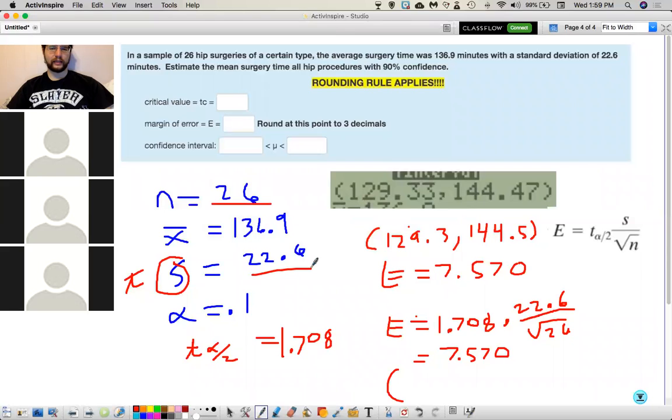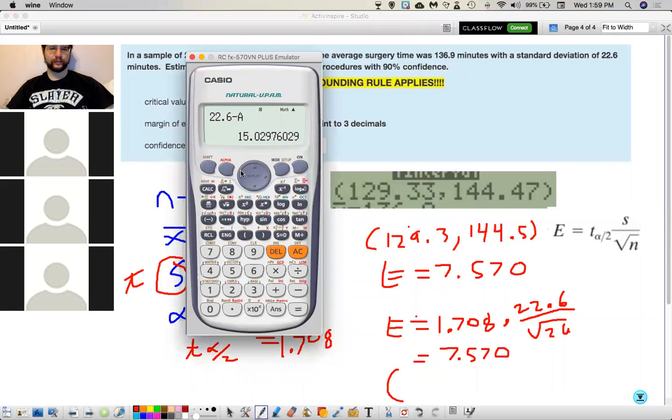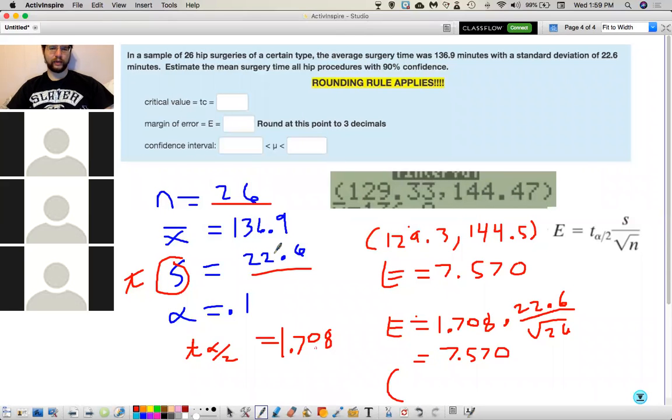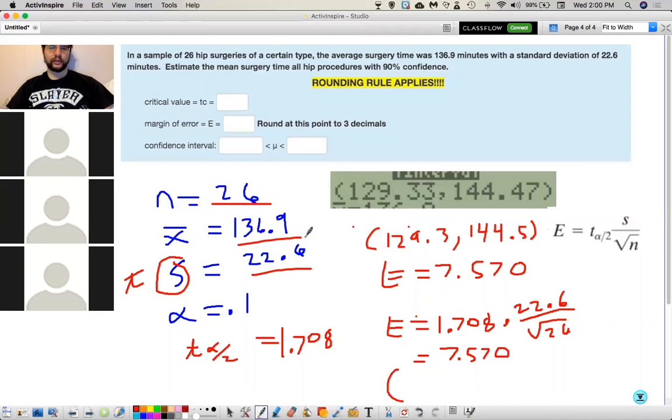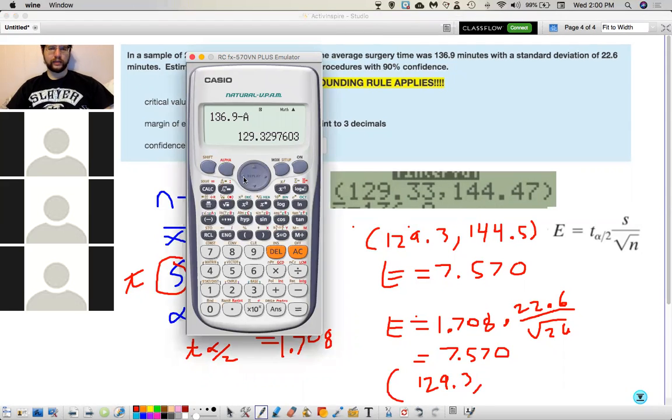I did S instead of X bar. Yeah, I should pay better attention. My bad, 136.9. That's more like it. 129.3. We round to the same decimal places as X bar. And then I'm just going to go left, delete that minus and put plus, and I get 144.5.